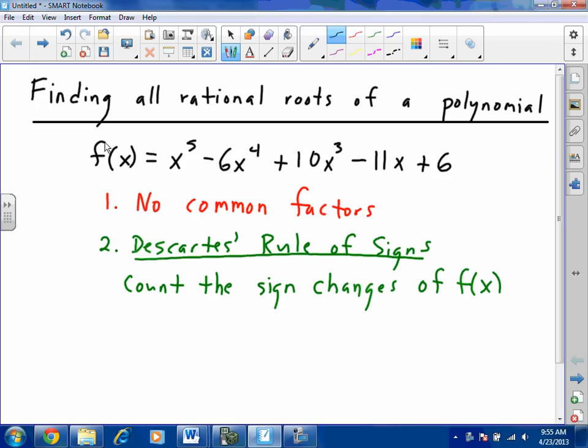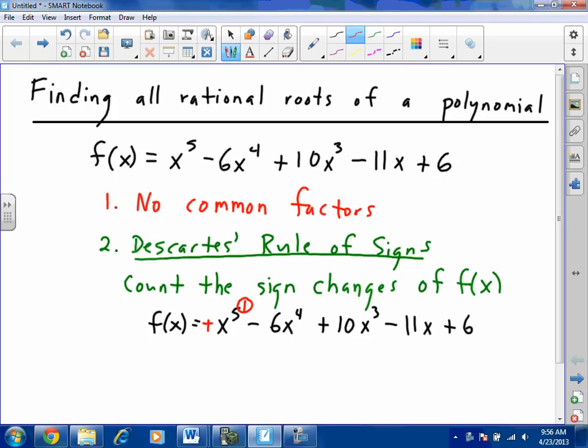And we see we have f of x equals x to the 5th, which is a positive term, minus 6x to the 4th, which is a negative term, plus 10x cubed, which is a positive term, minus 11x plus 6. So when we count, this is positive, right? Then we have a negative here, so that's one sign change, going from positive to negative.